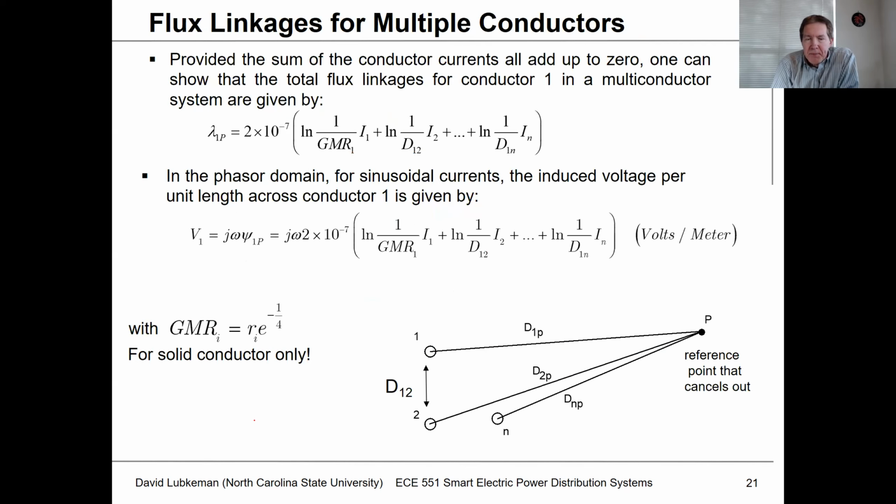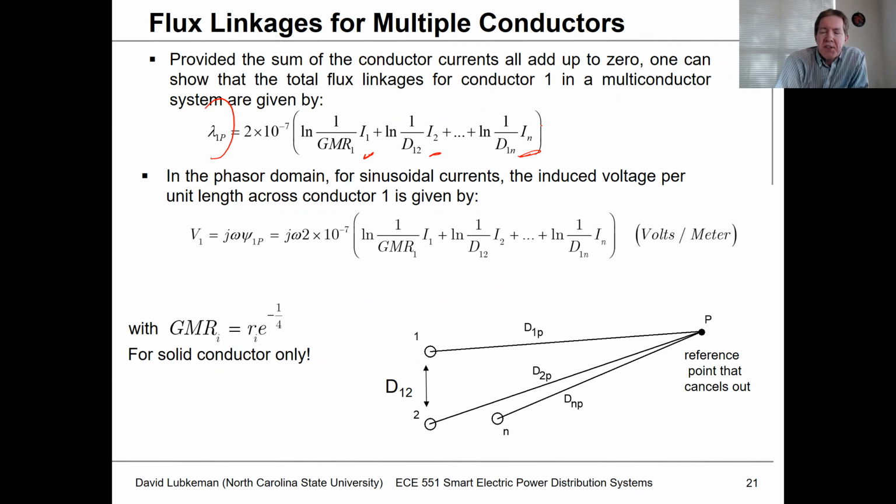Now, where this gets kind of complex, and this is where you have to go to the notes, is if I have a multi-conductor system, my total flux linkage associated with conductor number 1 is going to depend on I1, I2, and also IN if I have an N-conductor system.